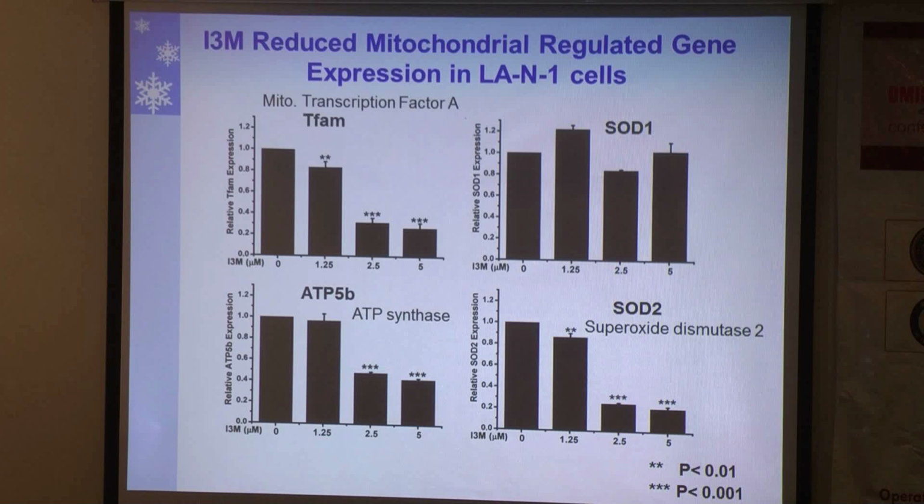You can see here that treatment of neuroblastoma with I3M causes a reduction in these transcription factors and also certain enzymes which are involved in mitochondrial function.